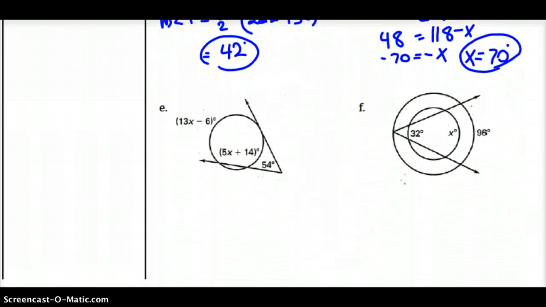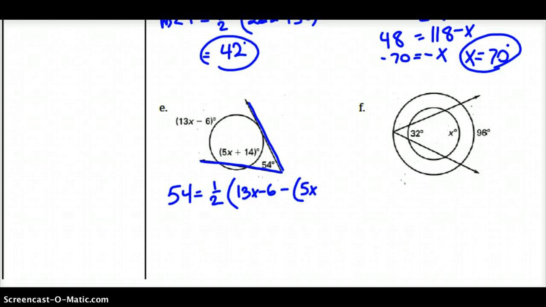We've got a couple of pretty heavy problems here for E and F. Again, it looks like we have a tangent and a secant. So the angle measure equals 1/2 the large arc measure minus the small arc measure. And here we just have to be careful, because I've got to subtract a binomial, I've got to switch and switch. Now I get 54 equals 1/2.